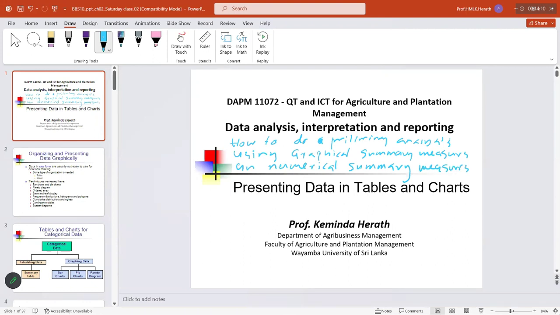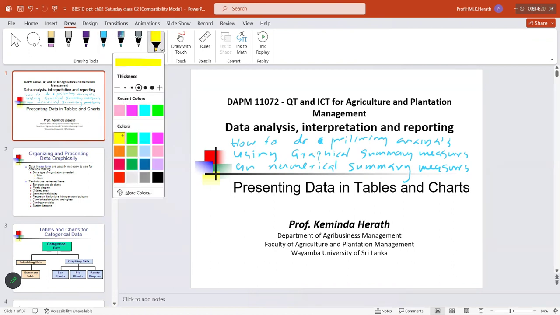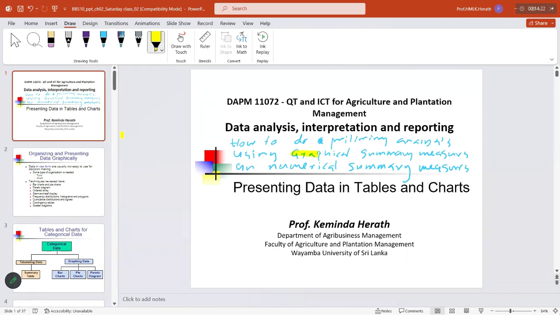This is what we mainly talk about today. So we talk about graphical summary measures, the graphical part, and the numerical summary measures.